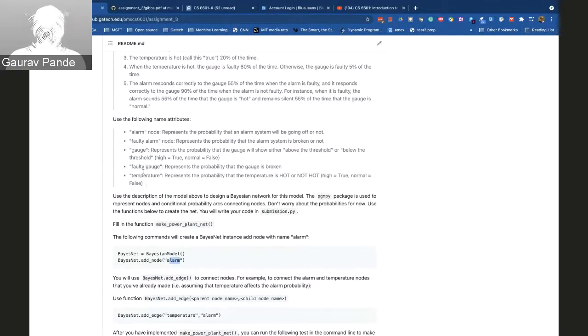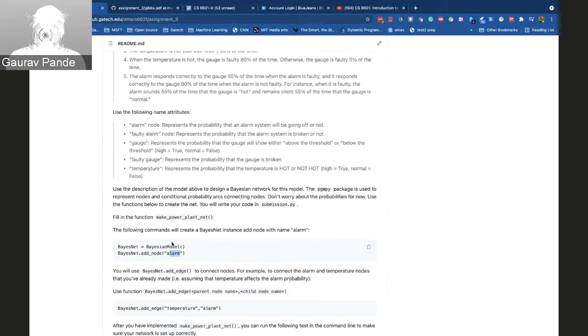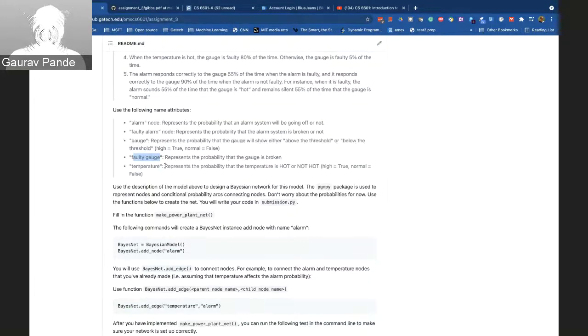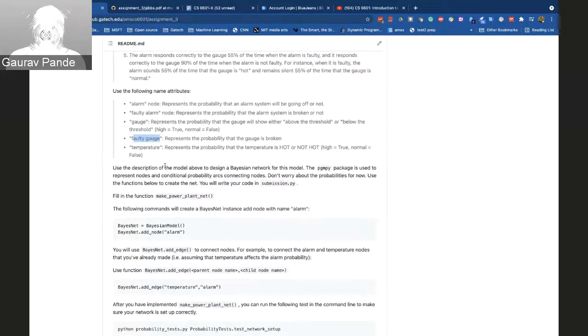So make sure you name these properly, and the naming should be consistent throughout your implementation. So if there's a gap in faulty gauge when you're adding the node, and when you are adding the edge, make sure you use the same name. That way you won't face any problem.